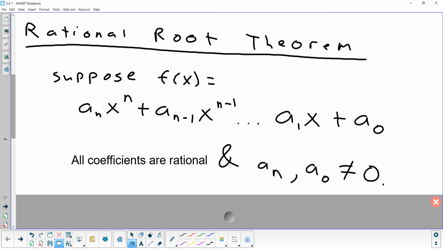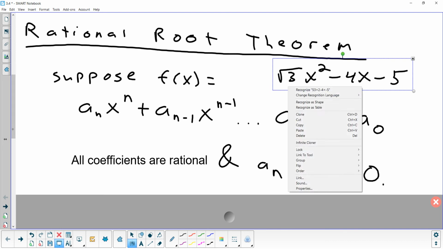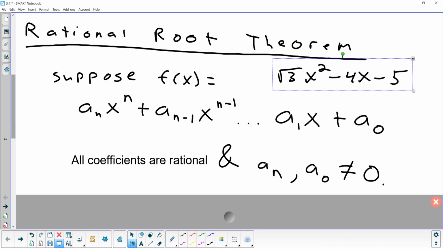So what I'm saying is you can't have something like this. Yes, that is a polynomial, but you have a number in front of x squared. It's a coefficient, and that coefficient is irrational. So this theorem would not apply to that problem. Can't have any square roots like that. So that would be fine. But all the coefficients have to be rational.